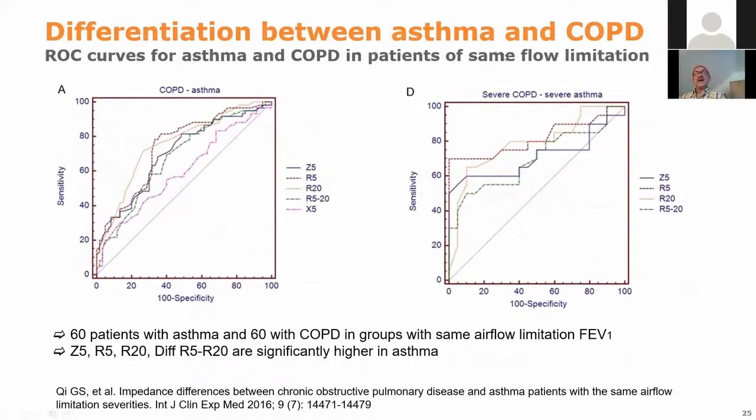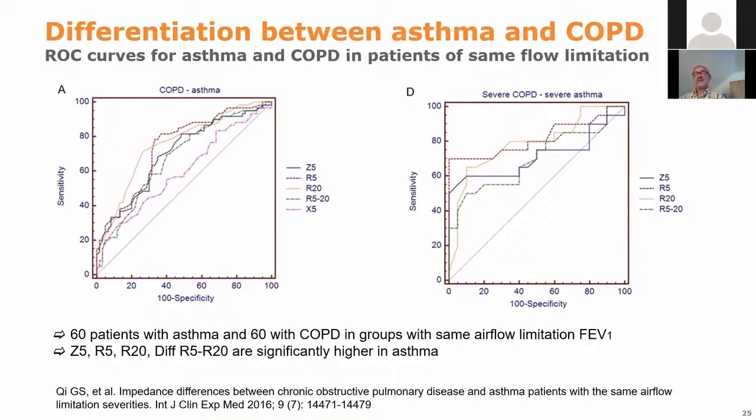And there's also one slide which should support the differentiation between asthma and COPD. This small study shows that oscillometry can differentiate between asthma and COPD, even if the airflow limitation based on FEV1 in these patients is identical.